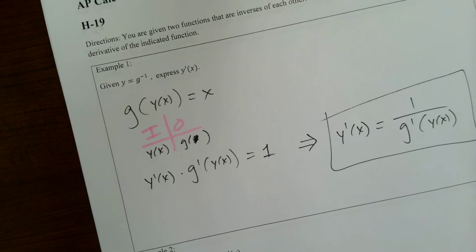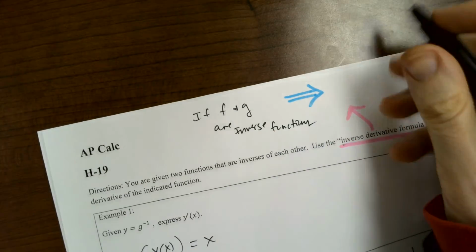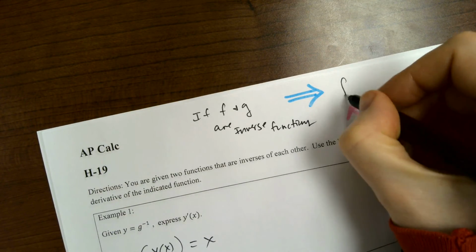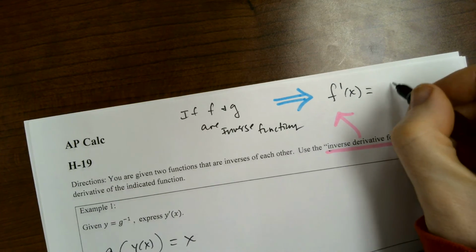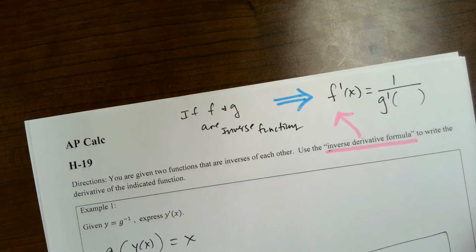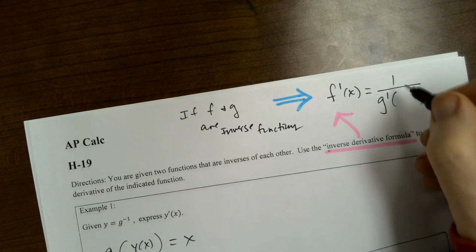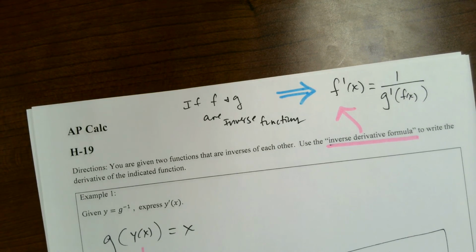So the formula is this. If f and g are inverse functions, then f prime of x is always going to be equal to 1 over g prime of, and then the original f goes back in there.